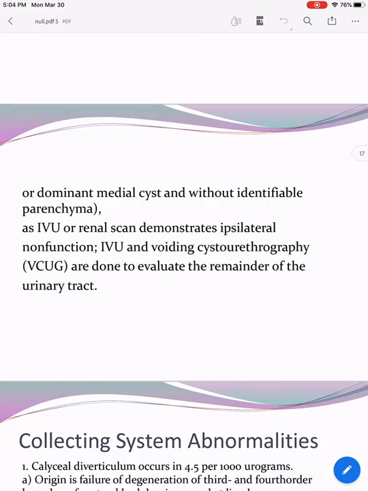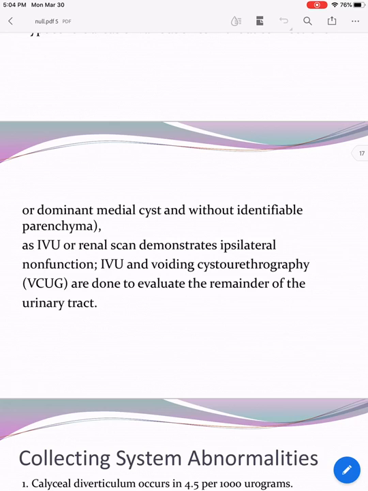This condition is usually left to undergo spontaneous involution, and there is no need for intervention. What are the indications for intervention?